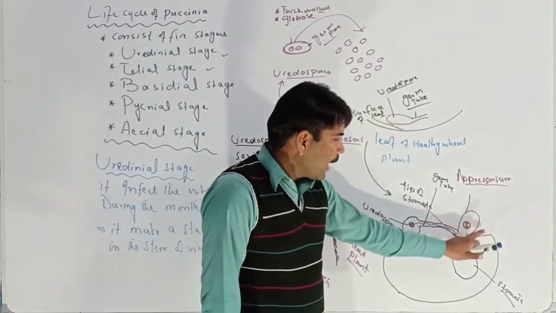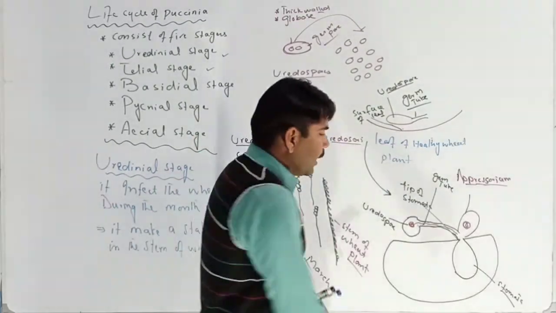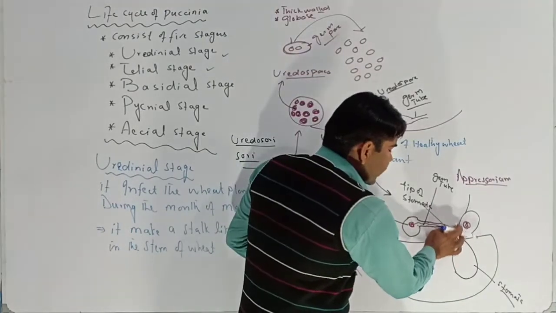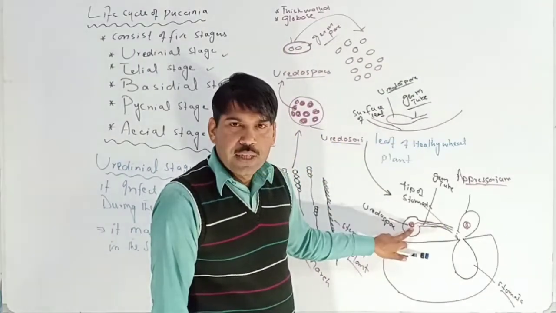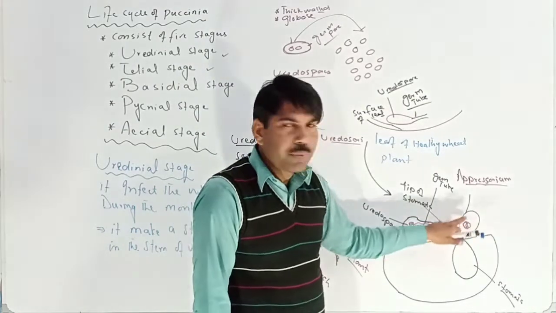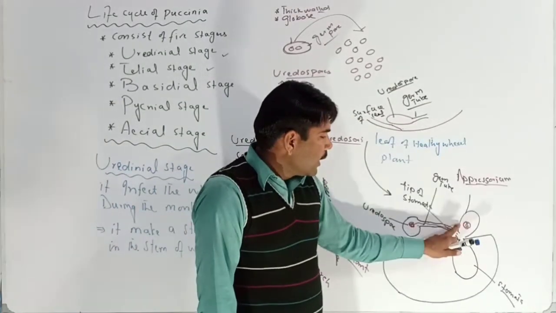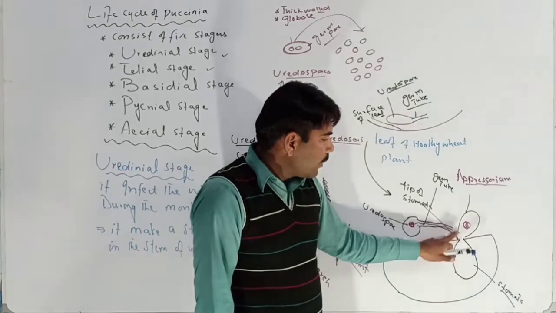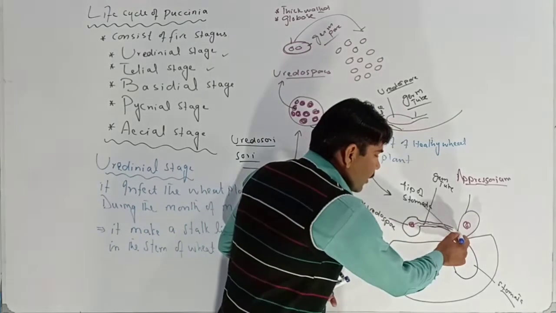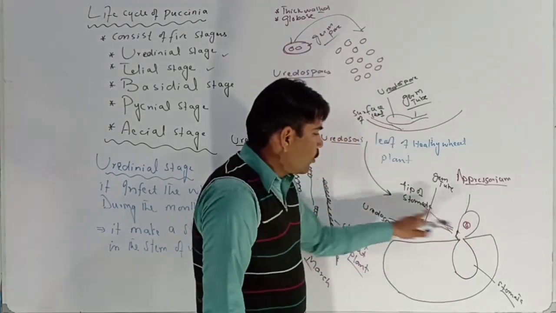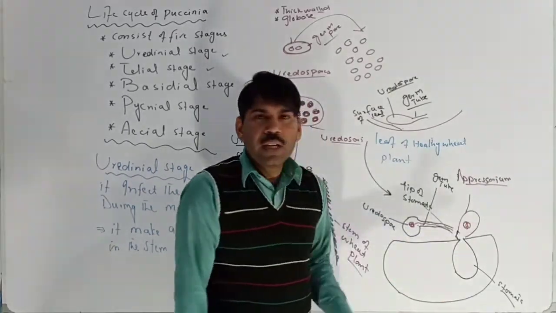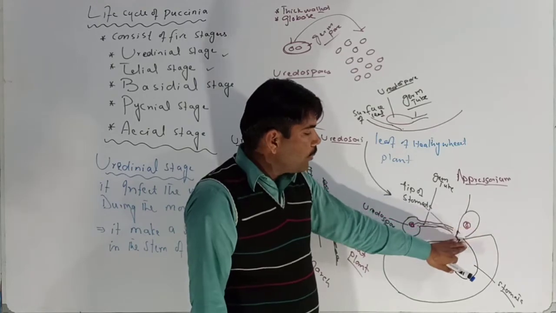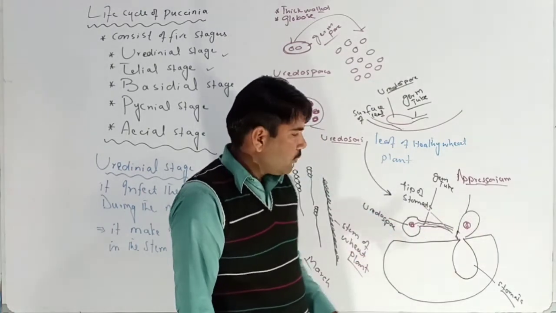But when the appressorium is formed, it cuts all connection with the spore, because the genetic material and nuclei with cytoplasm have moved toward the appressorium. So a septum develops, and this portion is separated. Now the appressorium is connected to the apical or tip portion of the stoma.